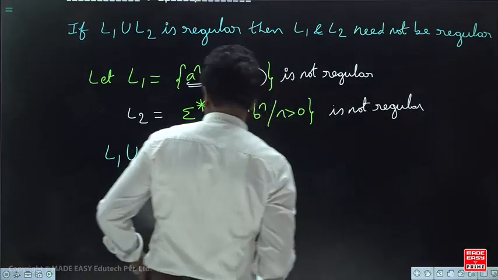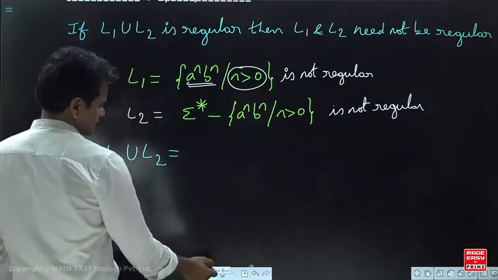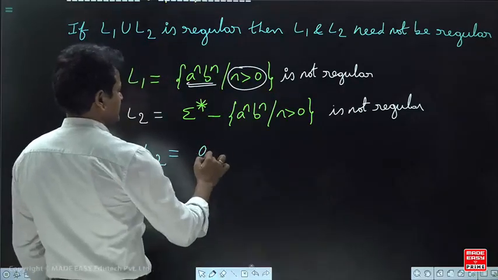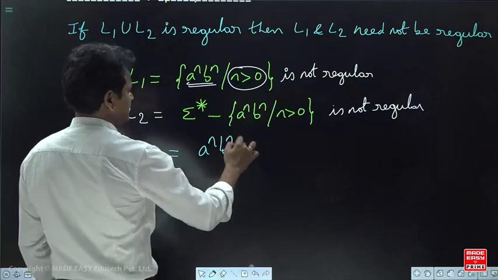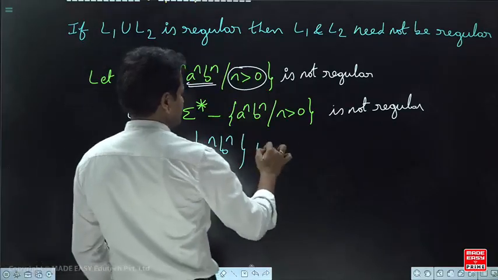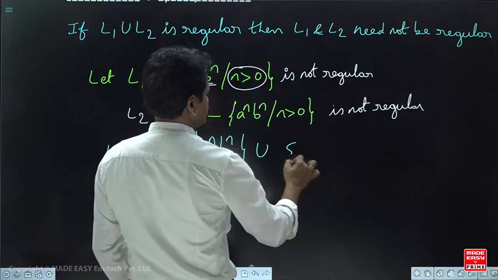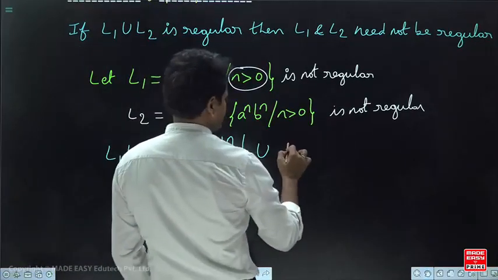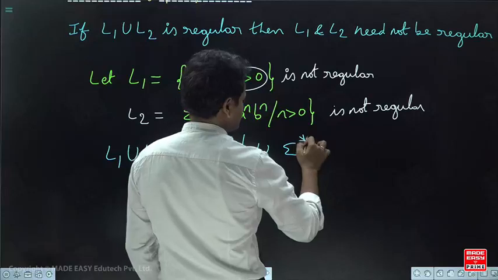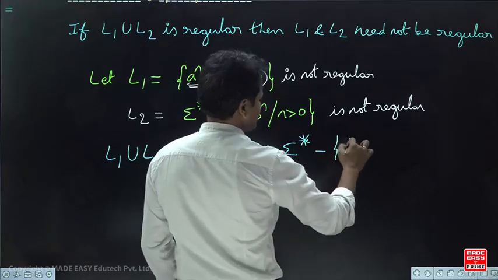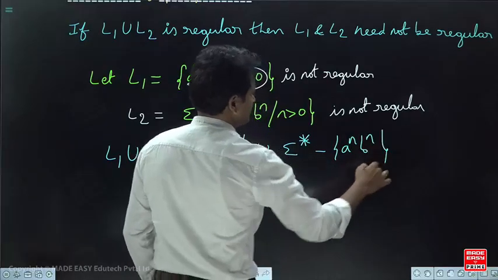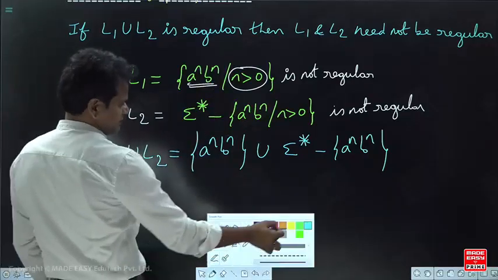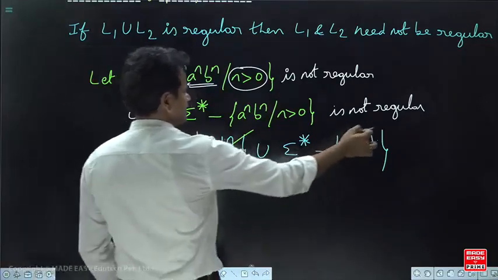Now guys, look at this one. What is L1 union L2? L1 union L2 is A power n B power n union, L1 is this one, union L2 sigma star minus A power n B power n. Are you following? So here, can you cancel A power n, B power n?